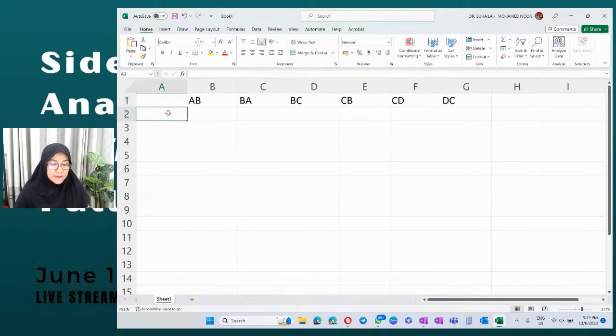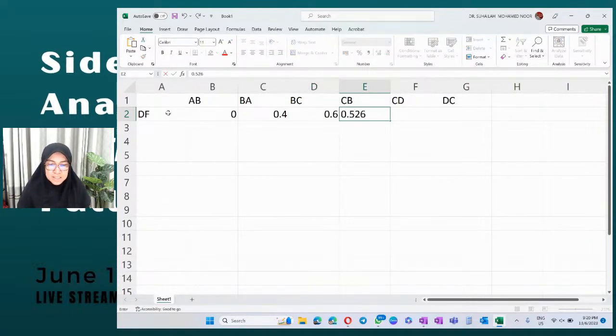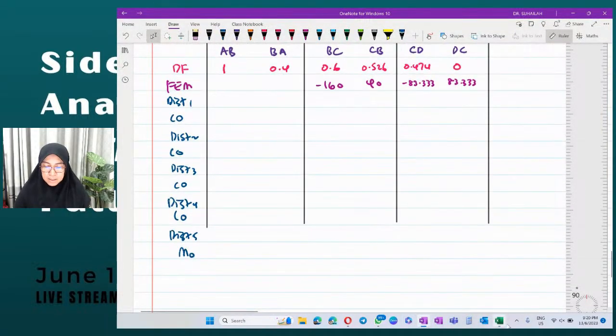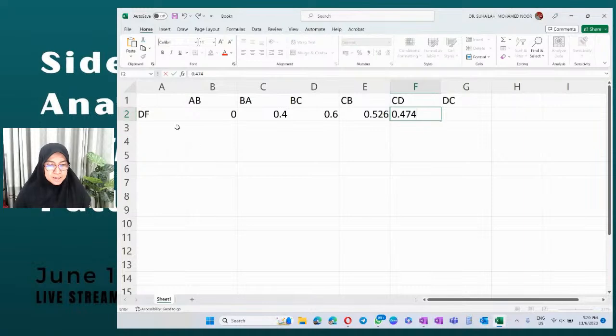Okay, distribution factor: 0, 0, 0.4, 0.6, 0.526, and 0.474. Okay, and then the FEM.